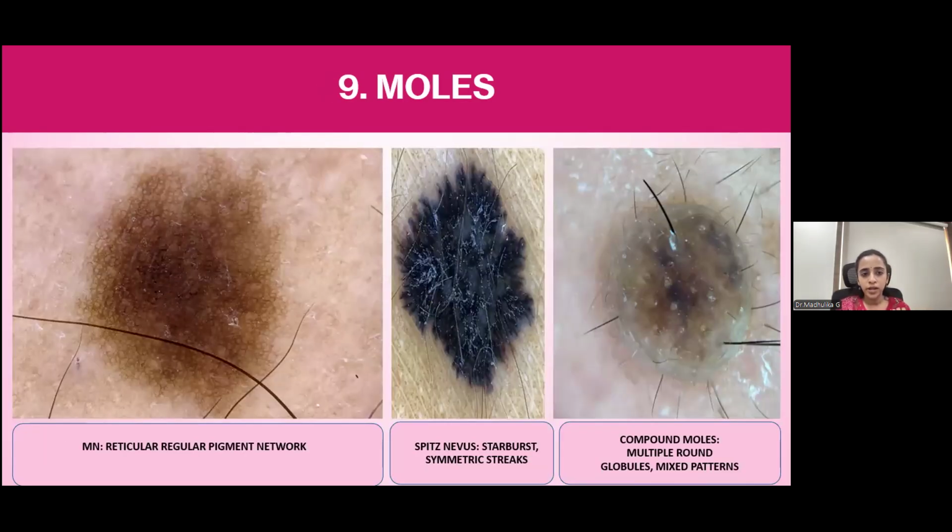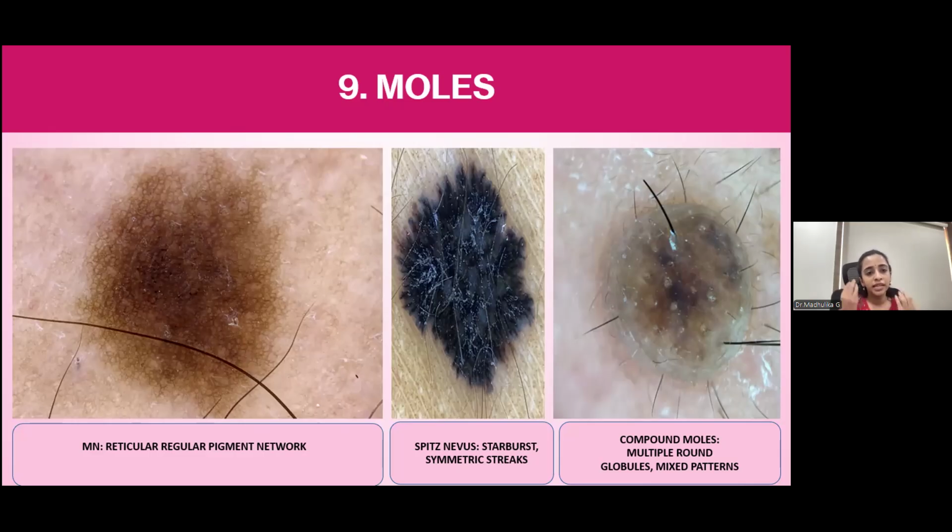In melanocytic nevi, either it is junctional, at the dermoepidermal junction, or it is dermal, or it is compound, which is both. In a normal melanocytic nevus, there is a reticular, regular pigment pattern. Next is a Spitz nevus, which is almost like a junctional one.